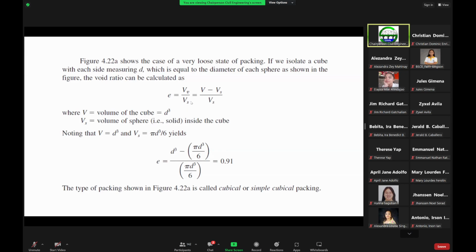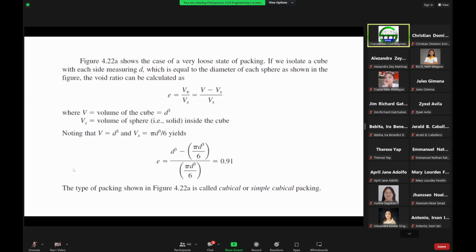If you try to recall, the volume of voids is equal to the total volume, in this case the volume of the cube, which is d cubed, because you have a cube with a dimension d, minus the volume of the sphere, or the solid, inside the cube. So you have the volume of the cube, that's d cubed, and then this is the volume of the sphere within the cube.